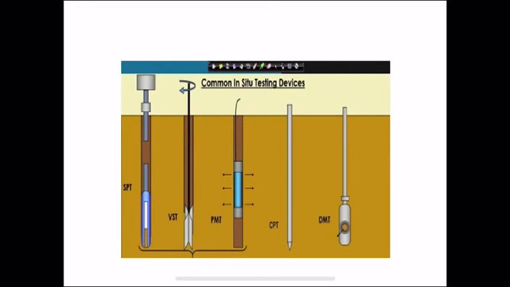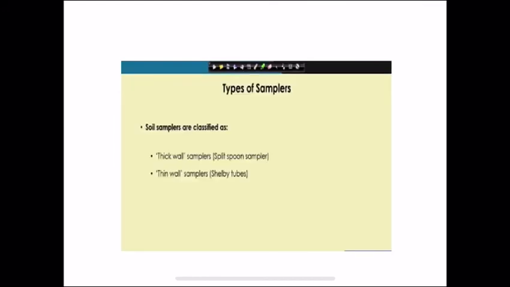In CPT, the cone penetration test, and DMT, the dilatometer test, the instrument is pushed or driven into the soil, but a borehole is not required. These are the common in situ tests, that is, tests done in the field to determine the soil properties.